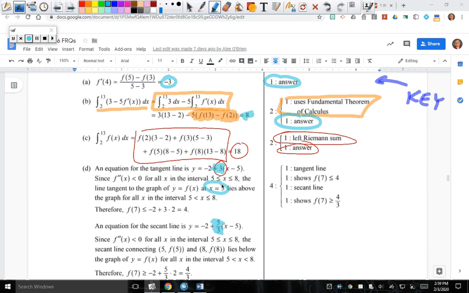And with that being shown, you could show this piece is going to be bigger than or equal to f of 7. However, over here, this similar piece would be less than or equal to f of 7. 4/3 versus 4. So you find the tangent line and then plug in 7. Yep.